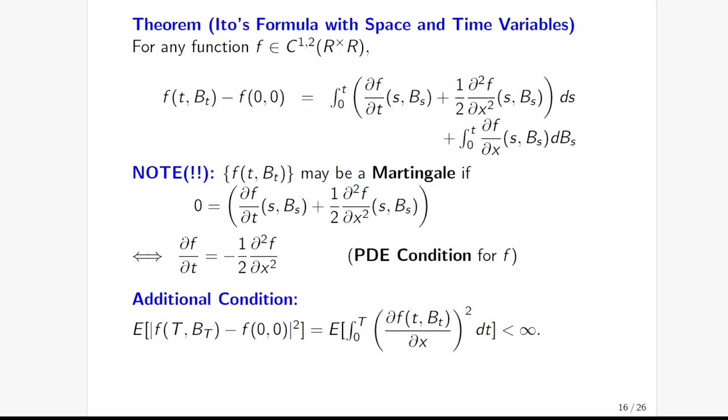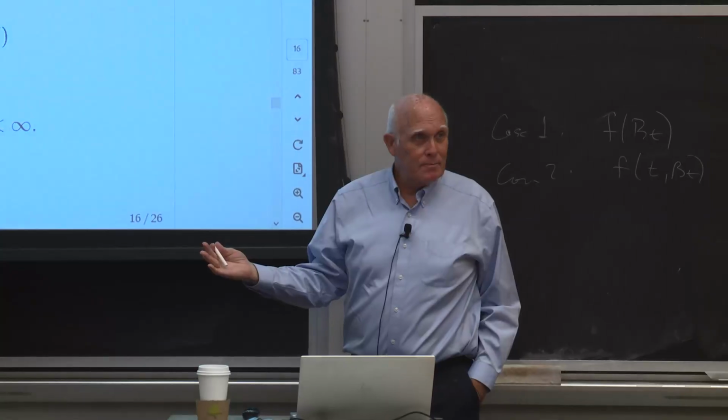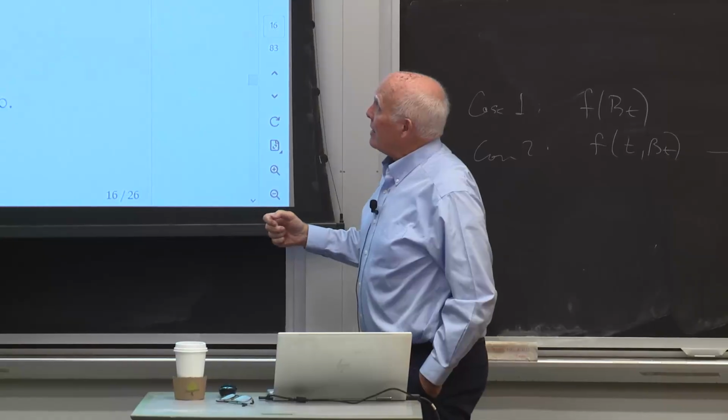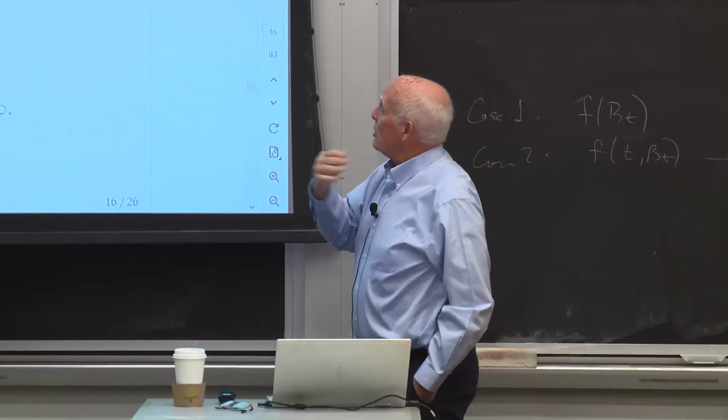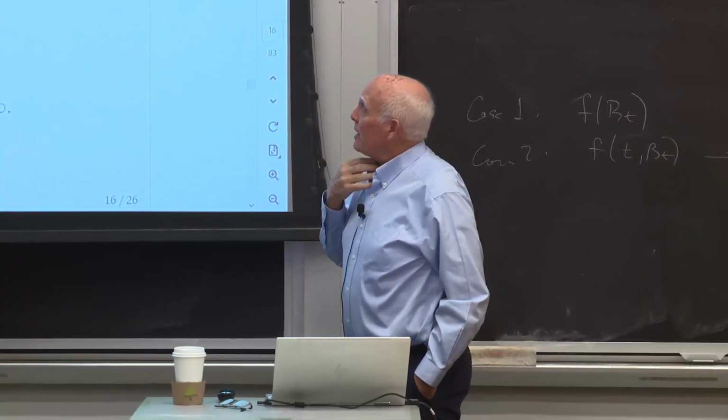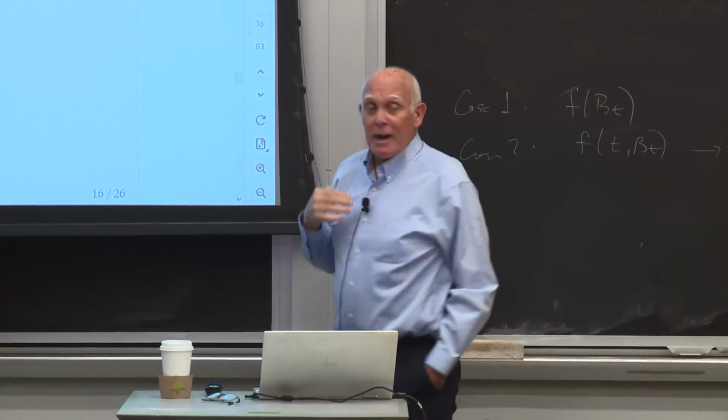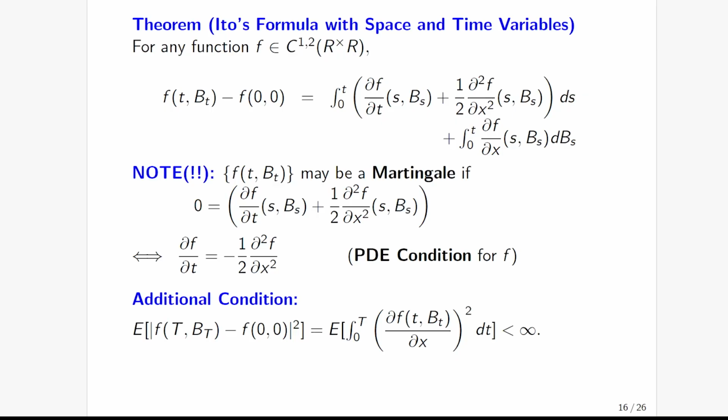And in looking at this expression, it's a sum of two terms. The first term is an integral with respect to time, ds, and so that function will be non-random on paths. The second term is the integral of the partial of f with respect to x dBs, and that will be random depending on dBs.